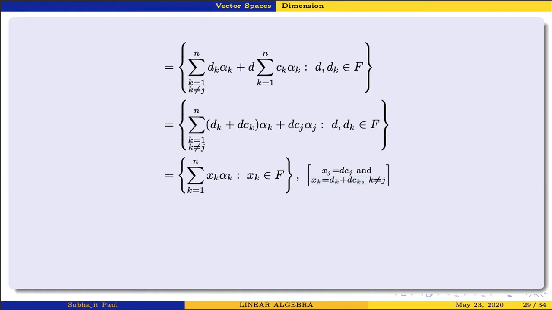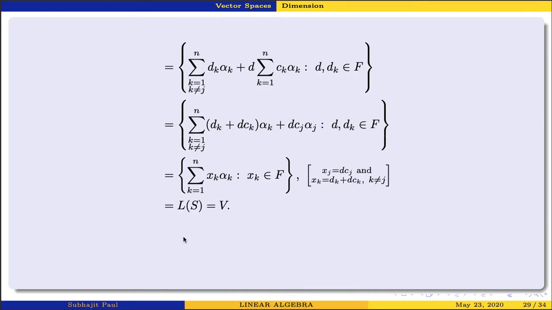Now understand something: d and dk's were varying entirely over F, and therefore dk plus d times ck will also vary entirely over F. So xk will vary entirely over F. Okay, no point of F will be left behind.